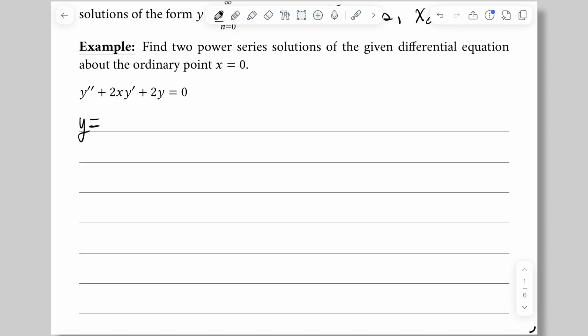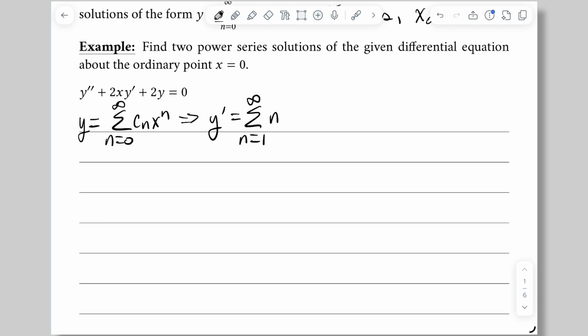Like we've done so many times in this course, we're going to write down a form of solution. In this case, y equals the sum from n equals 0 to infinity of c sub n x to the n, and then differentiate. You might remember that when we differentiate a series, the general term of which includes x to the n, the starting value for our index increases by 1 each time we differentiate.